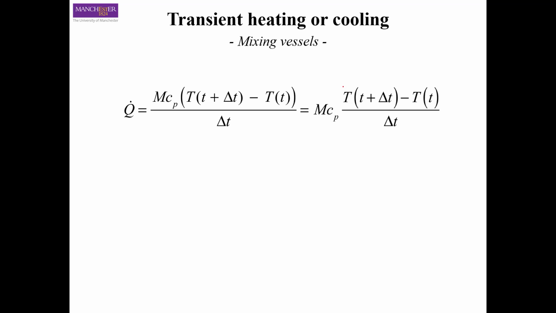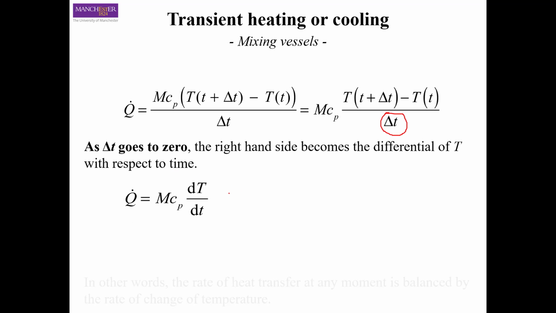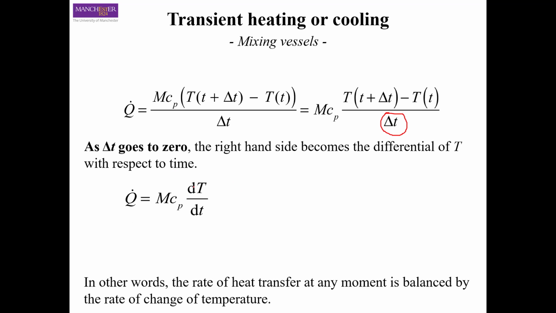If you look at this equation here, you can see that if delta t approaches 0, this becomes the definition of a differential, that is, how the temperature is changing over delta t. It means the differential of temperature over time, so we can write this part as dT over dt.